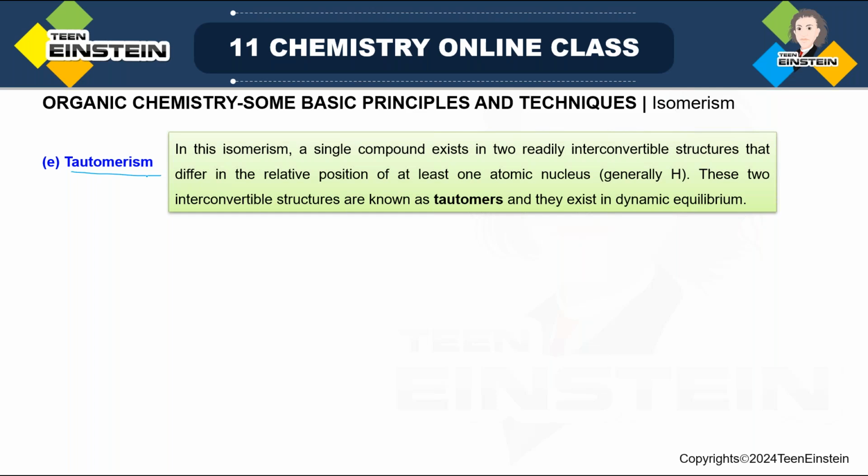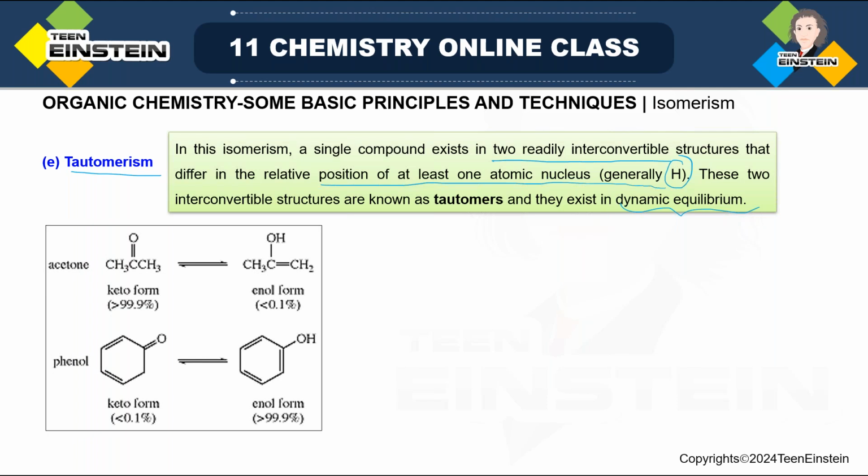Until now, whatever types we have discussed, this is something new: a single compound can exist in two readily interconvertible structures, and they are in dynamic equilibrium. They differ in the relative position of at least one atomic nucleus, and mostly this atomic nucleus is hydrogen. Their relationship is tautomers, so they remain in pair, and there is dynamic equilibrium.